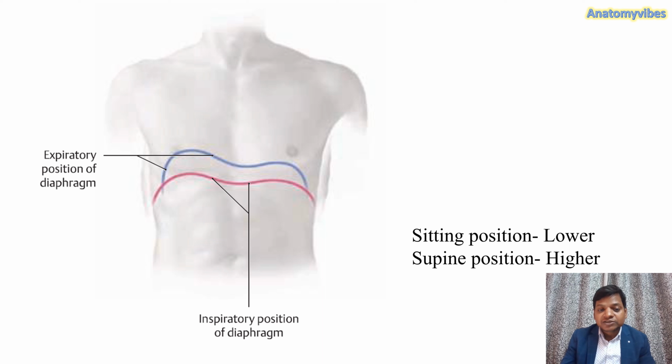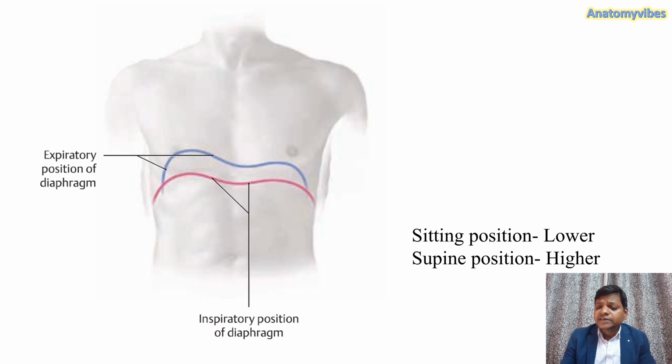It will change according to the volume of the thorax and the breathing activity. So in the expiratory position, diaphragm will be elevated, and in inspiratory position, diaphragm will be lowered. So the position of the diaphragm will change with the activity of respiration, or you can say breathing.